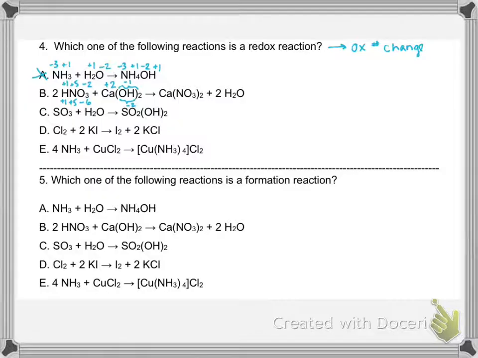And then here we'll have our nitrate group, which is overall -1. So we'll have -2 for both of those, and the calcium will be +2. And then we'll have water, which we know is +1 and -2. So we can see that nothing here changed. And this makes sense because this is just an acid-base neutralization reaction.